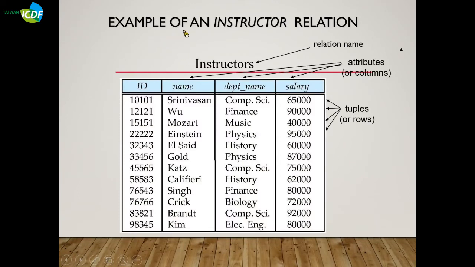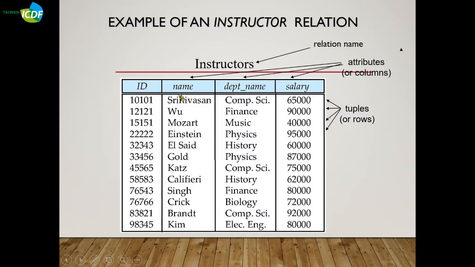This is an example of an instructor relation. In relational data models, a relation usually refers to a table. For each relation, we have to assign a relation name. The data we store is related to instructors, so we call it the instructor relation.